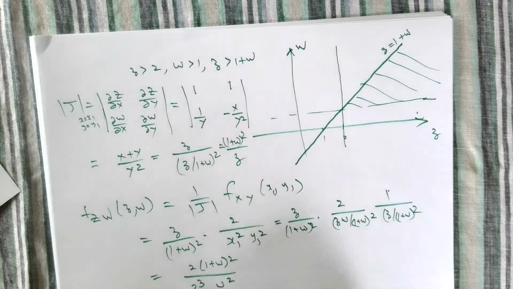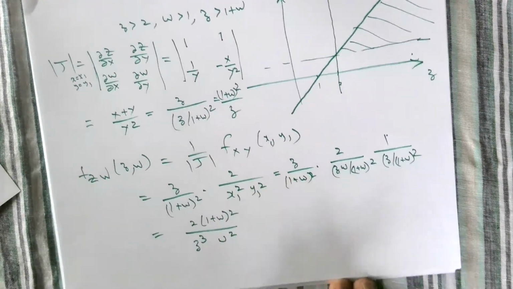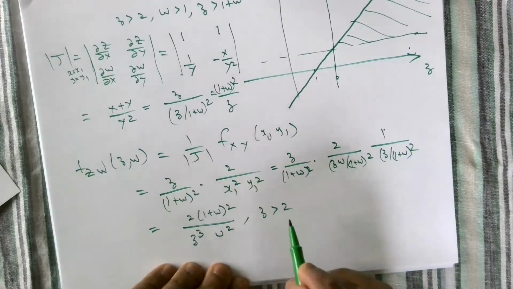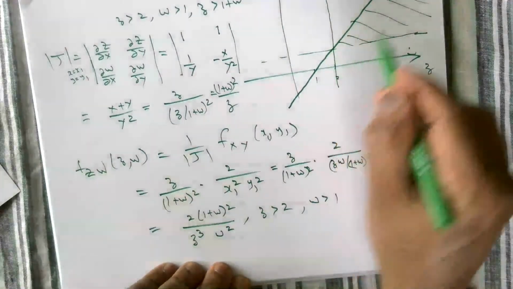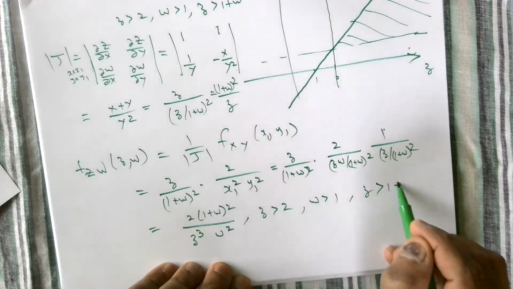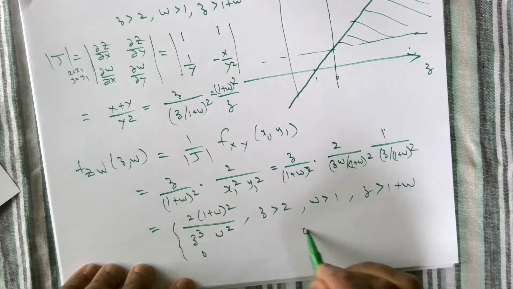So w squared. So this seems to be the answer. So this is good for z greater than 2, w greater than 1, which is this region, and z greater than 1 plus w, and 0 otherwise.